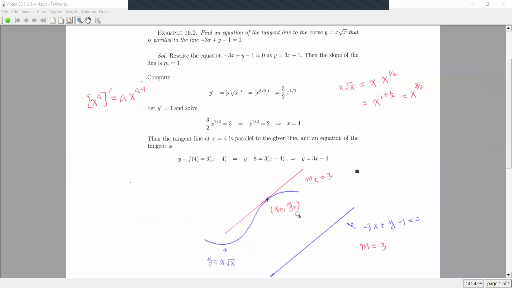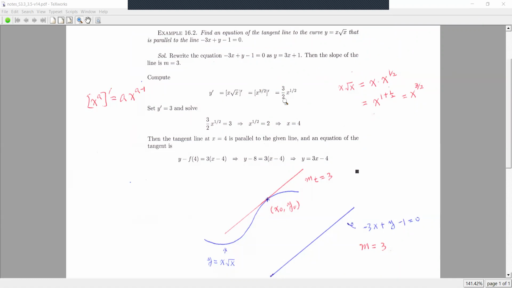To find this point, compute the derivative of the given function. The given function x times square root of x in power is x to 3/2. The derivative of x to 3/2 is 3/2 times x to 1/2 by this formula.